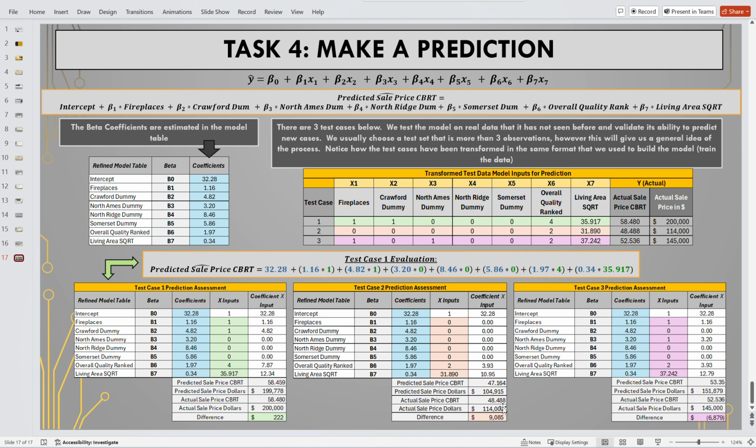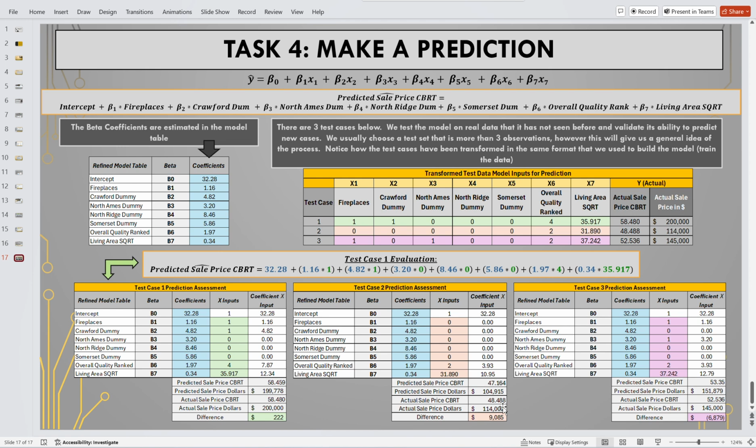Then we would measure how accurate our predictions were across that 20% of the test cases. So if we had 1,000 observations, we'd use 800 of them to train the data, and we'd test it on 200 of the observations. We could also do something called cross-validation, but ultimately this is to ensure that we haven't built a model that fits the sample data really well, but doesn't generalize to new observations that it's never seen before.